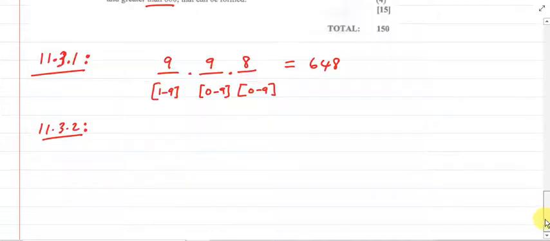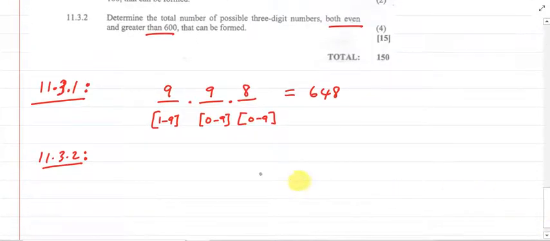So let's start. Alright, so I'm still going to use the dash method, but just trying to figure out how we can solve this. Both even and greater than 600, and digits may not be repeated. So we know even numbers end with 0, 2, 4, 6, 8. Right, and numbers greater than 600.